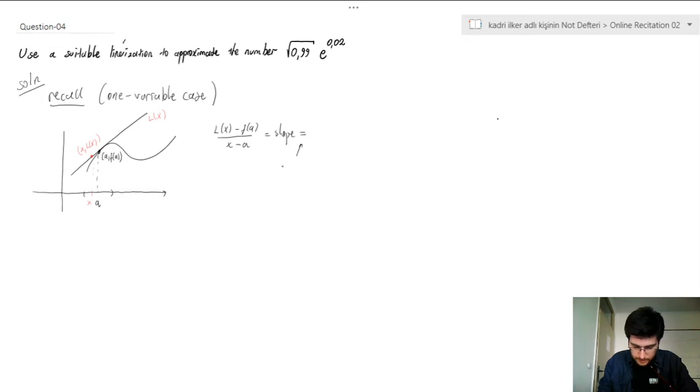When it exists, the slope can be given by the derivative of f. So L(x) is just f'(a)(x minus a) plus f(a). This is the equation of the tangent line. By using this tangent line, instead of computing this exact value, we can approximate it.